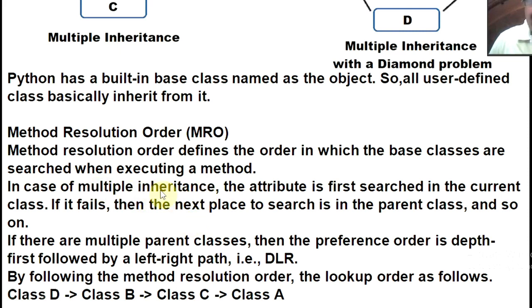In case of multiple inheritance, the attribute, the desired function, is first searched in the current class. If it is not found, then the parent class is searched, and the order for searching the parent class is DLR, depth and then left to right: in the class itself, then the classes which are inherited, starting from left to right. Now let us understand the program.